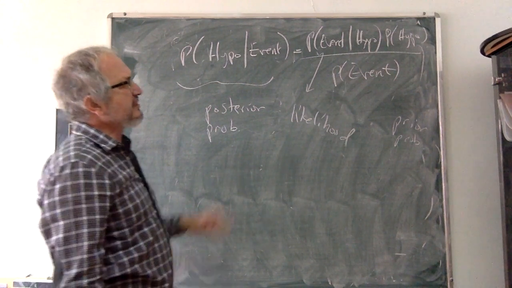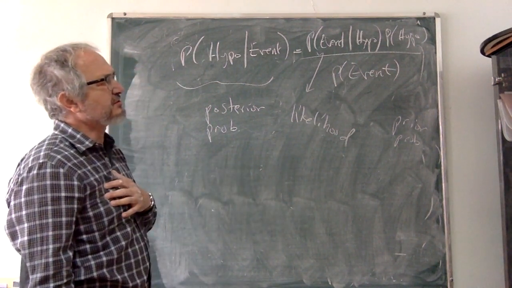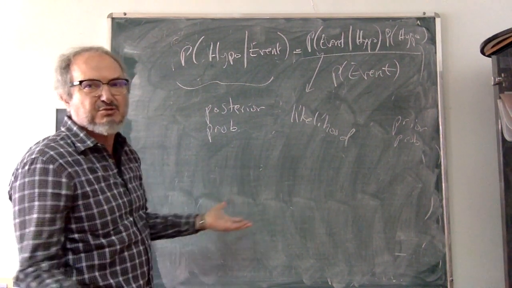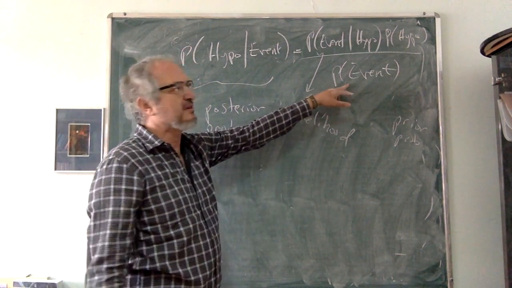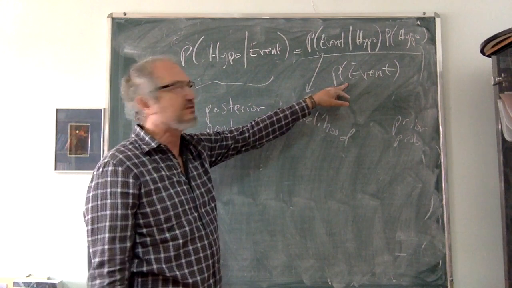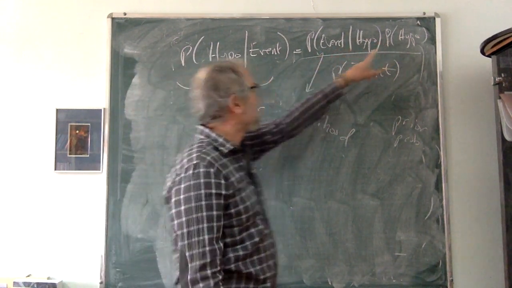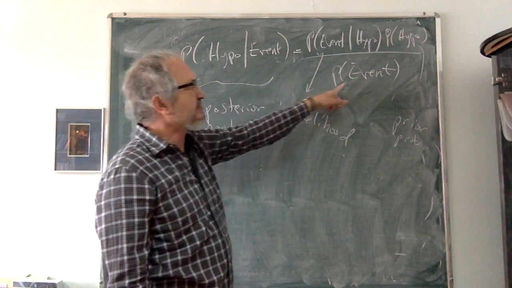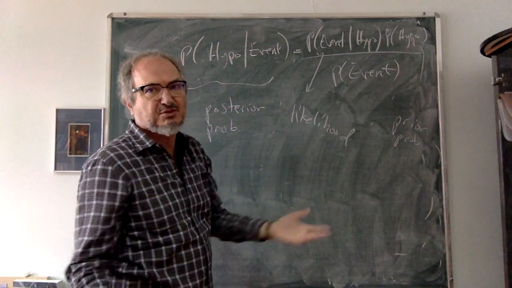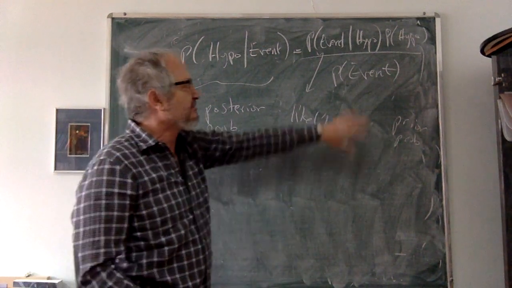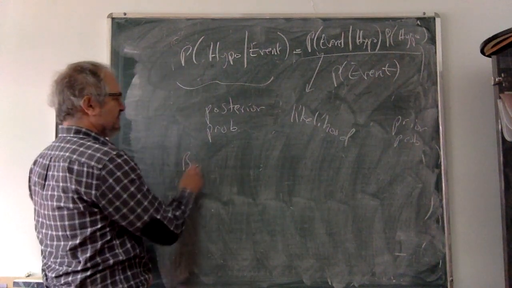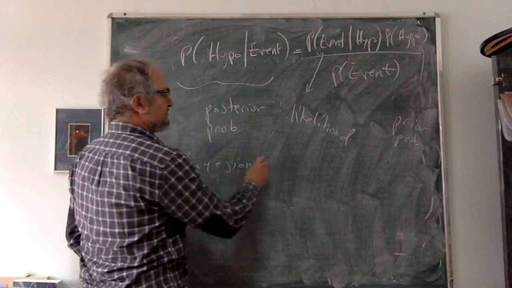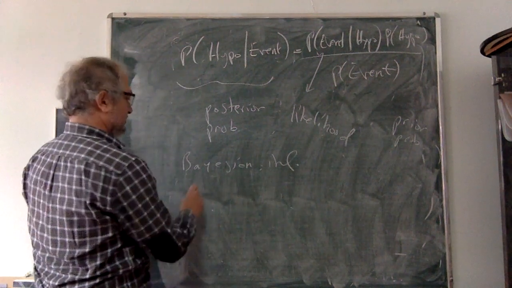Okay, and usually when you do this in Bayesian inference, you maximize or minimize something. In maximization, this changes, that changes, but usually the probability of an event stays the same, so you can take it out, and Bayesian inference comes out.